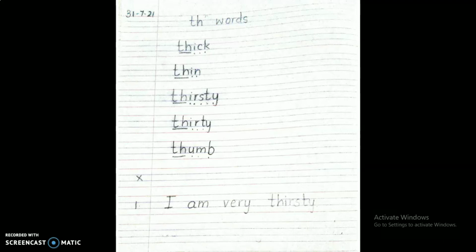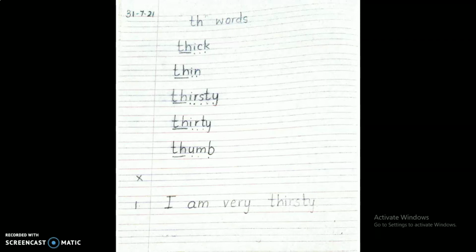So today we are going to learn some words with the digraph th. Th has two different sounds, th and the. The, as when we say this, that, those. Here we are going to use the sound th.